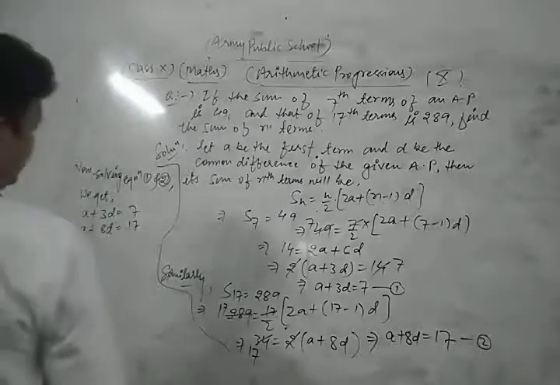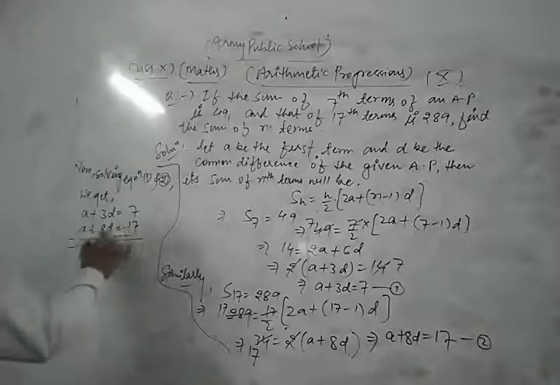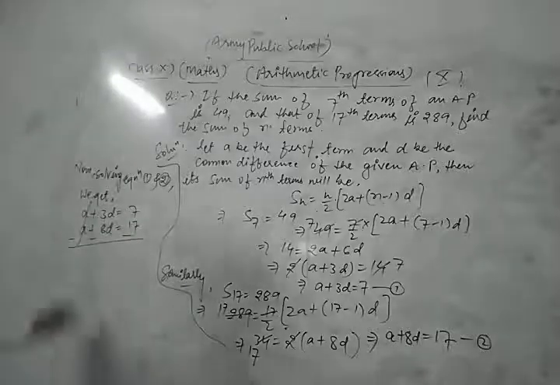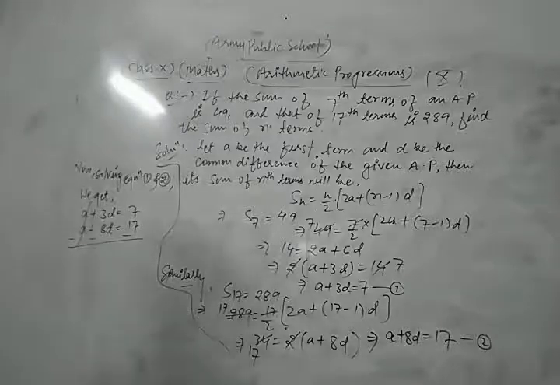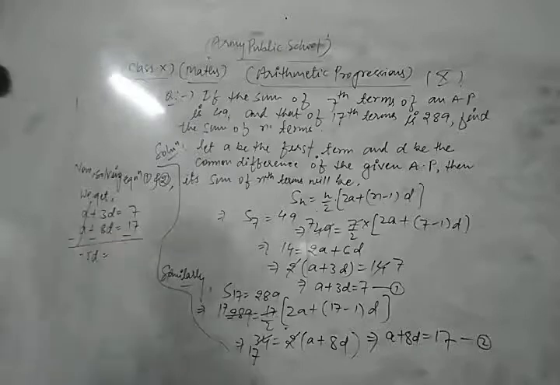Now we solve equations 1 and 2. On subtracting them, a cancels out, so we get minus 8d plus 3d, that is minus 5d, and on the right side minus 10.